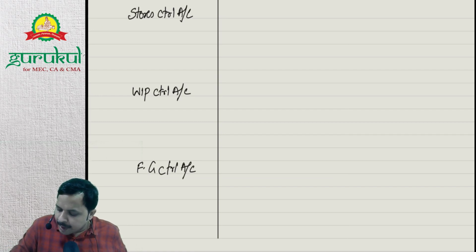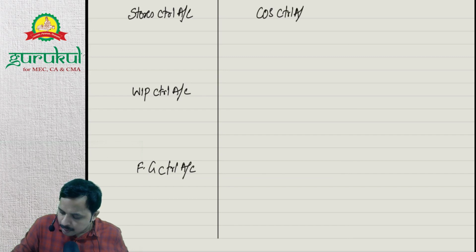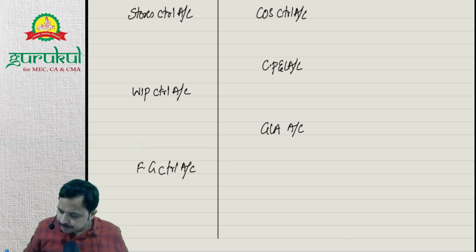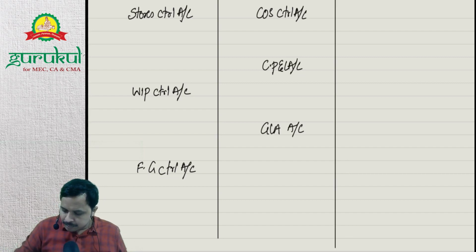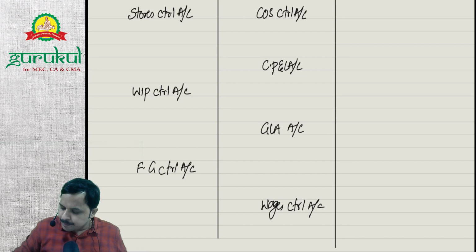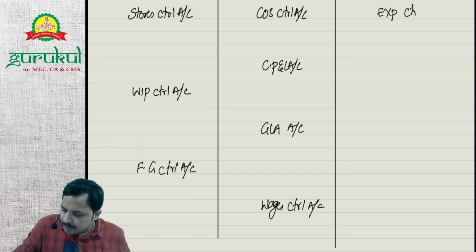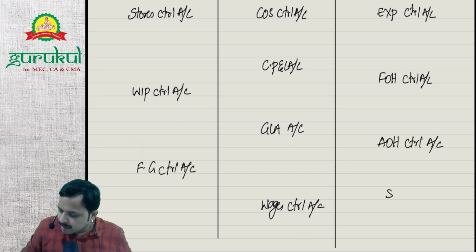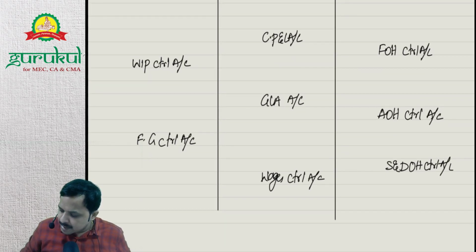Next we will be opening cost of sales control account, costing P&L account, GLA account, wages control account, expenses control account, factory overheads control account, administration overheads control account, selling and distribution overheads control account, and lastly sales account.